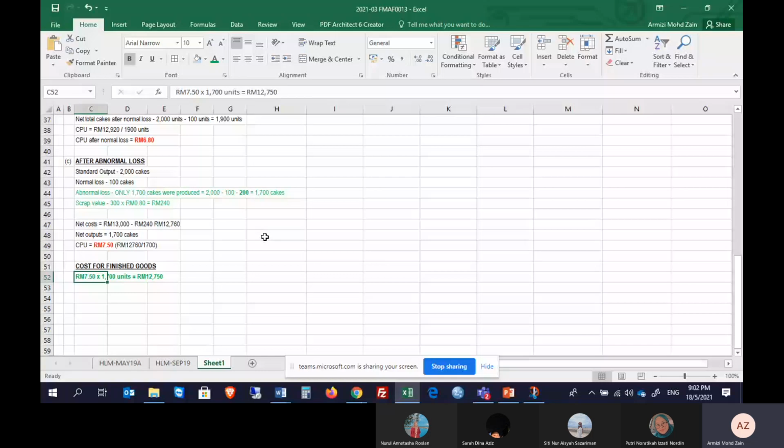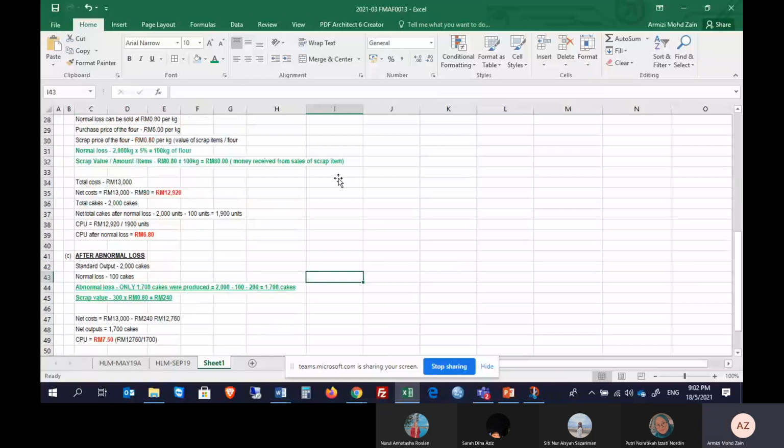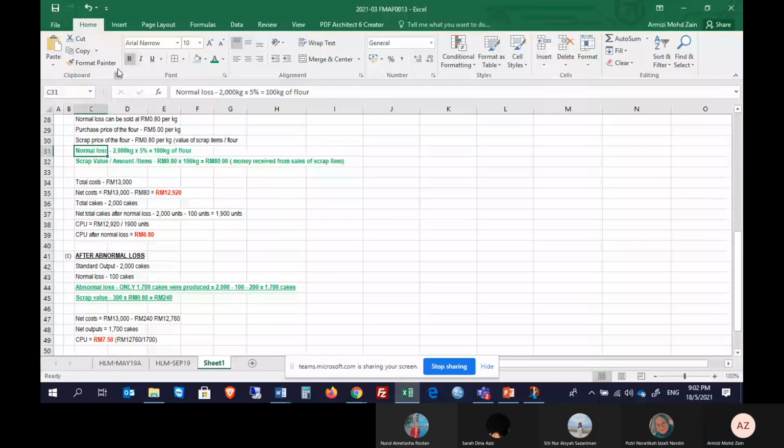Dan ni jawapan dia lah. Dan okay, settle soalan ni.